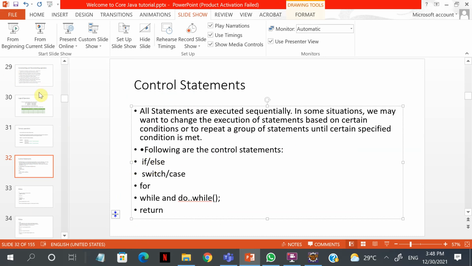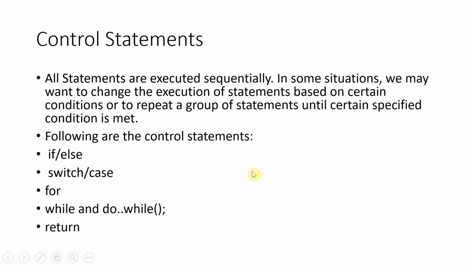In some situations, we may want to change the execution of statements based on certain conditions, or we want to repeat a group of statements. For example, you want to keep on printing certain things 10 times or 20 times. If that is the criteria, this is how we start using it.